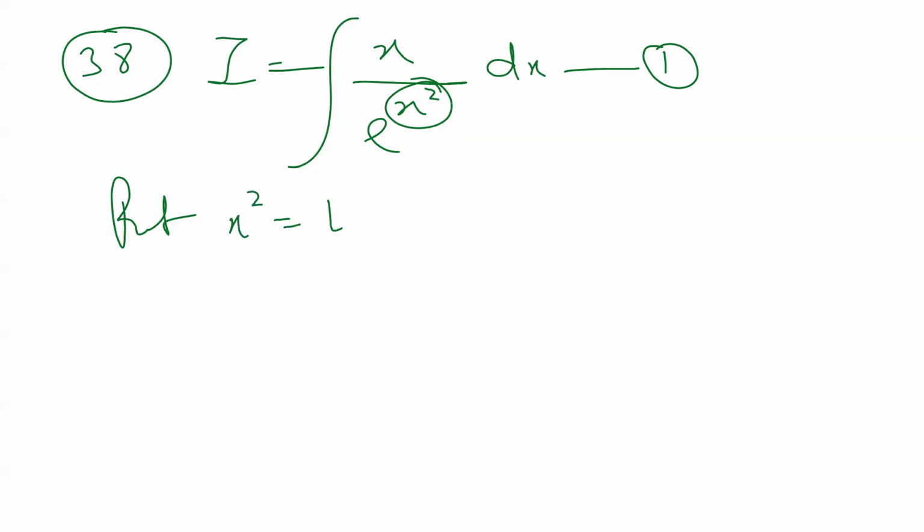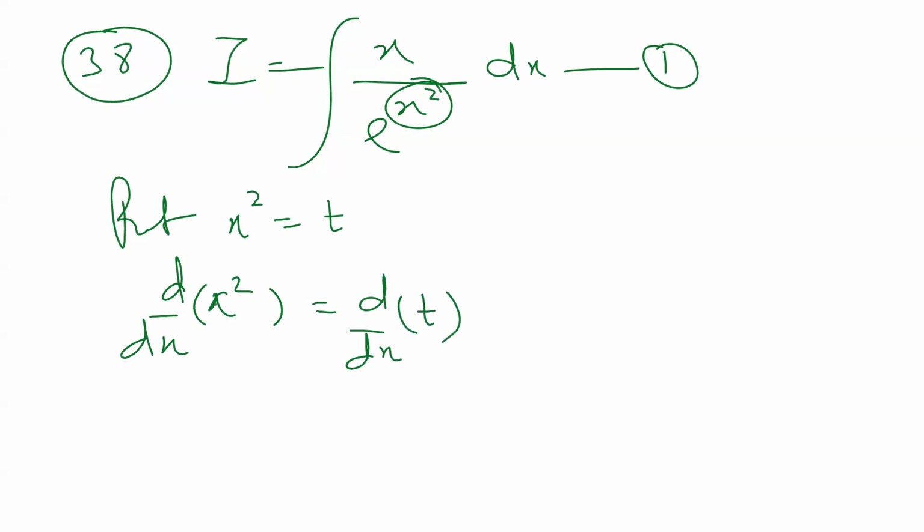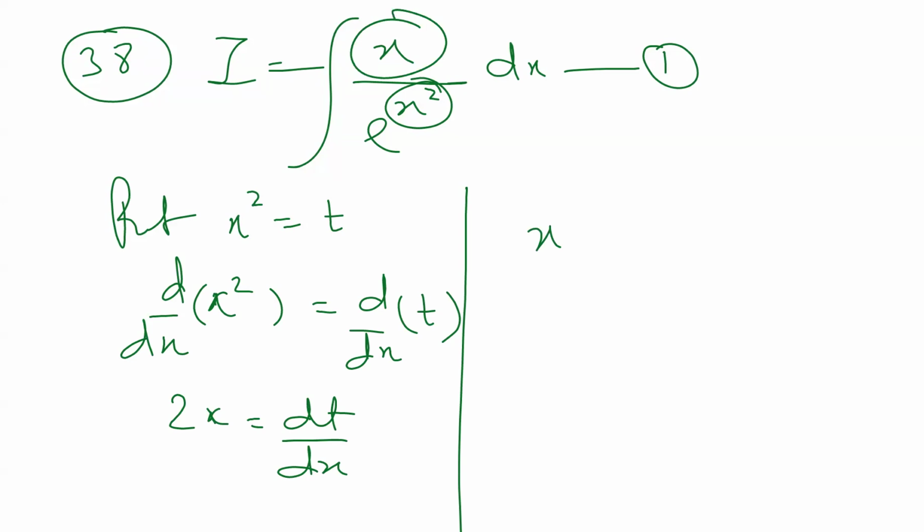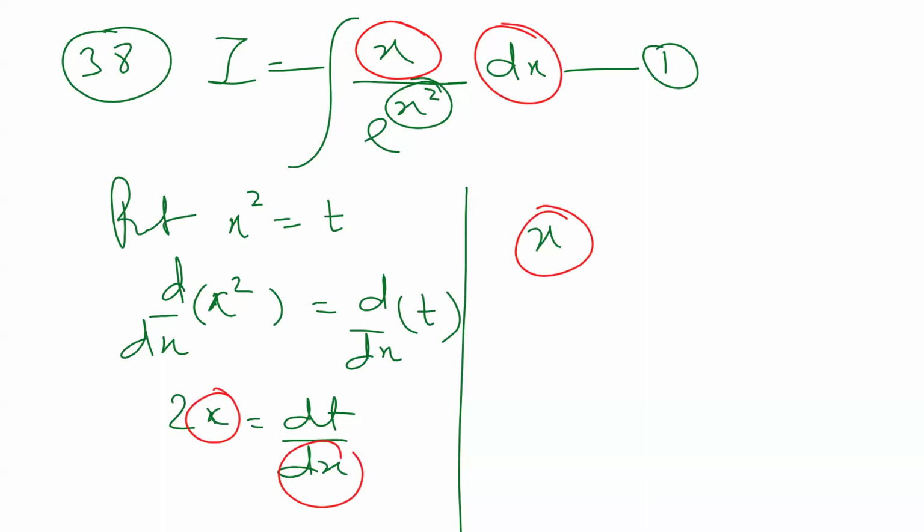So put x square equal to t, d by dx of x square is dt by dx, 2x is equal to dt by dx. So x dx, okay, x and dx, is dt by 2.